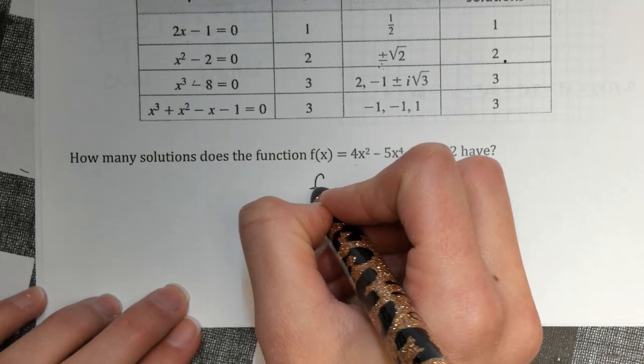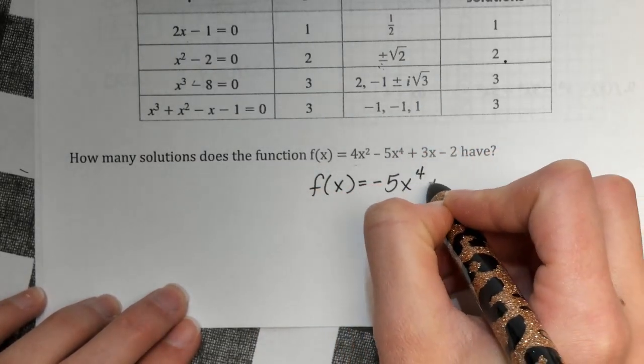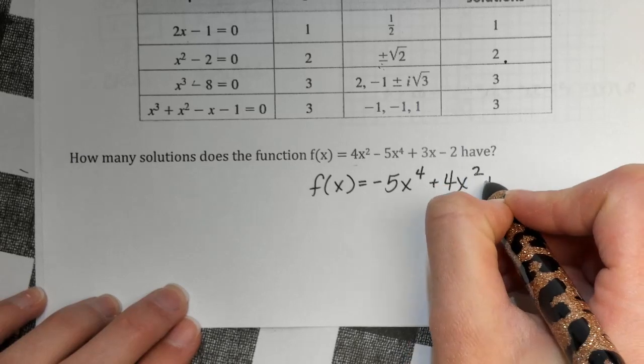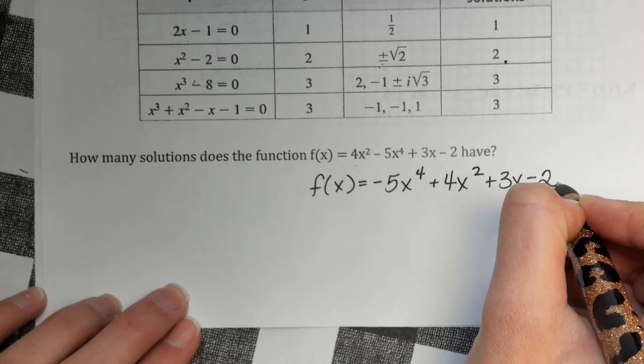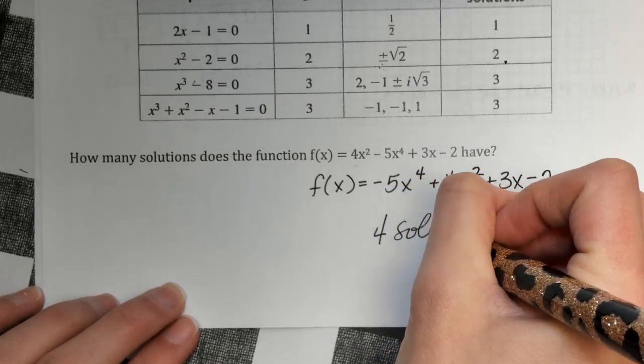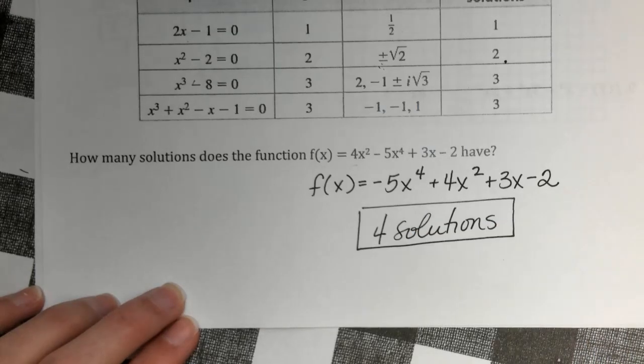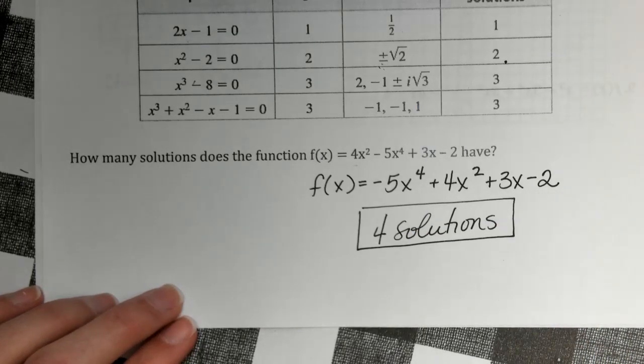Really, in standard form, it's negative 5x to the 4th plus 4x squared plus 3x minus 2. So I should have 4 solutions. We're not going to figure out what those are just yet, but you should be able to identify that.